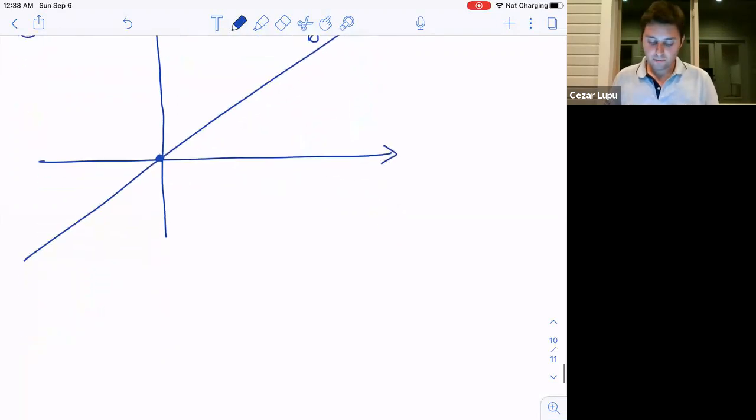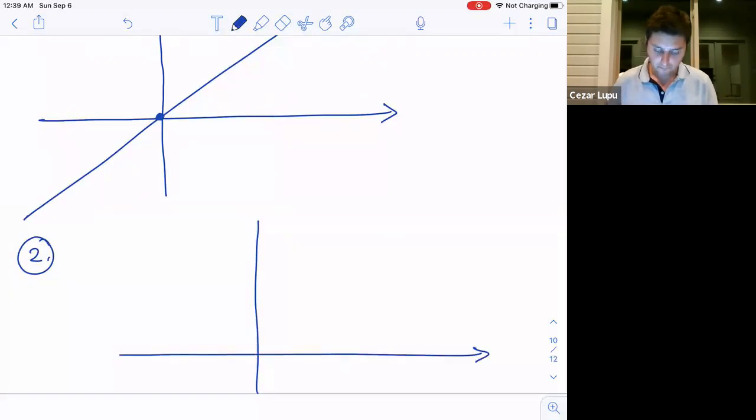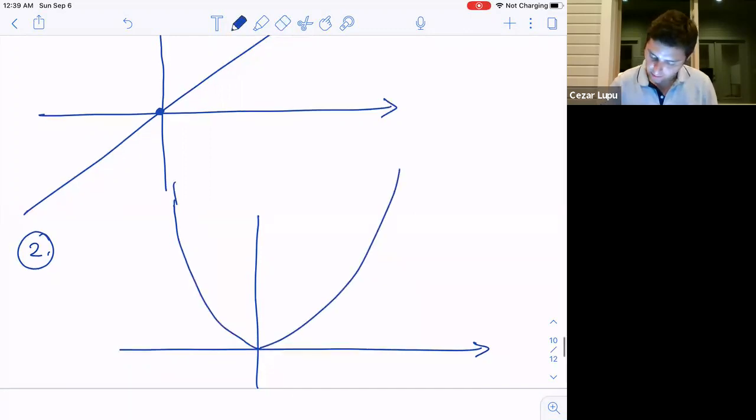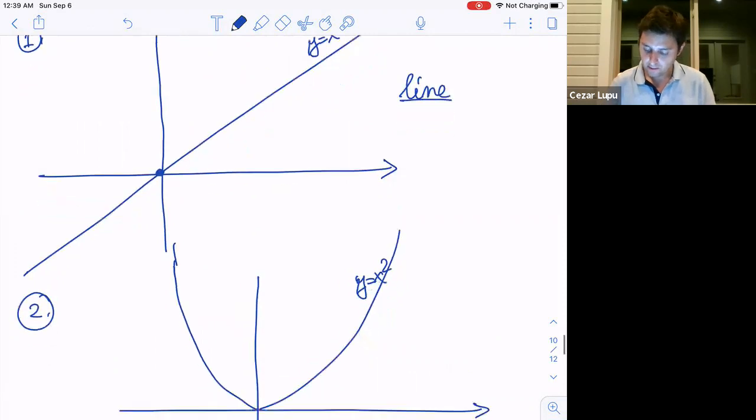Now let me draw something else. For example, let me draw a parabola this time. So this will go like this. Okay, this is not quite a parabola, but anyway, this is y equals x squared. So this is a line. This is a parabola.